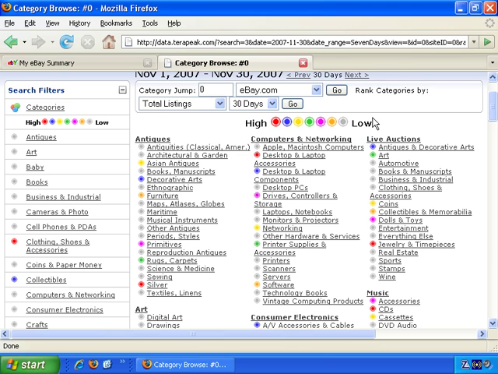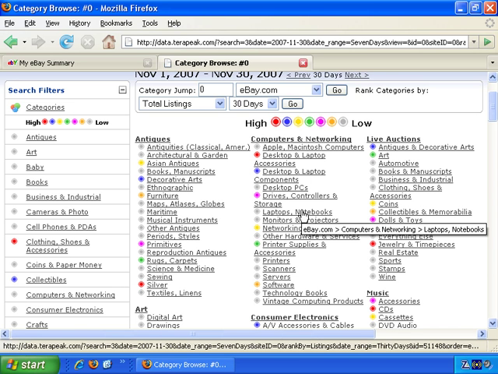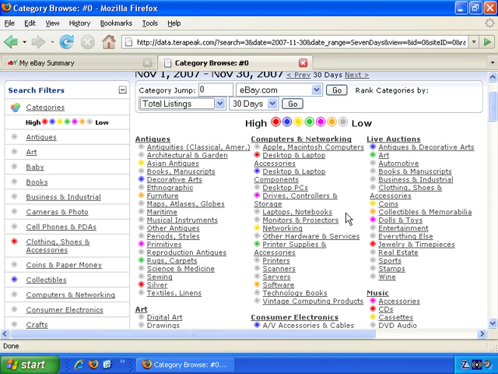Okay, interestingly, there doesn't seem to be too much duplication. For example, laptops and notebooks is now gray, so low total listings, and maybe actually an important factor regarding this is that because notebooks and laptops are quite high-value items, several $100s at least per auction probably, there will maybe be fewer total listings, even though the sales value overall could be quite high.